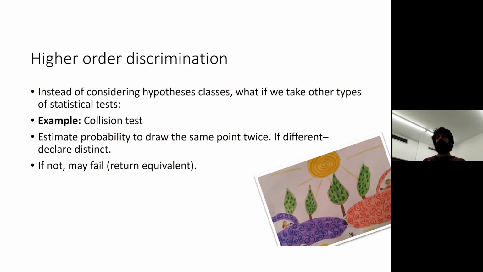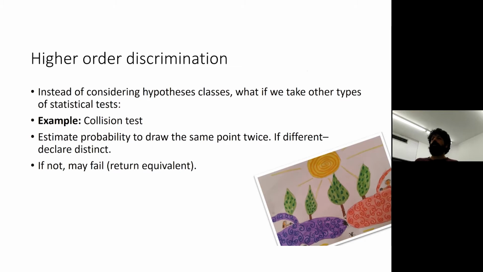If not, again, it doesn't say anything, but I can say this is my test. And this test is not, at least a priori, defined by some hypothesis class. If you think about it a little bit, it's not that far from just doing a singleton test, checking the probability of certain singletons.